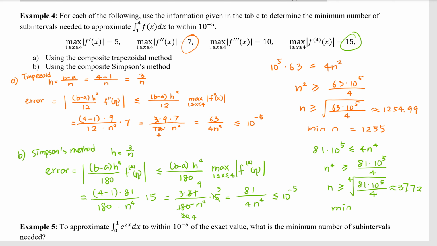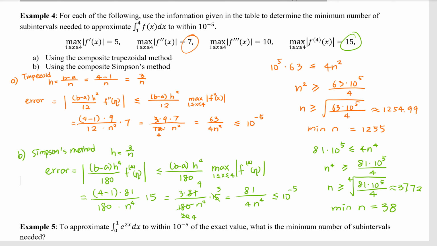And what is the minimum number of n? 38. Ooh, now you see the difference between the trapezoid rule and Simpson's rule. To control the error bound to 10 to the negative 5th, the trapezoid rule needs 1,255 subintervals. But Simpson's rule, just 38 subintervals. Whoa, quite a big difference, isn't it?